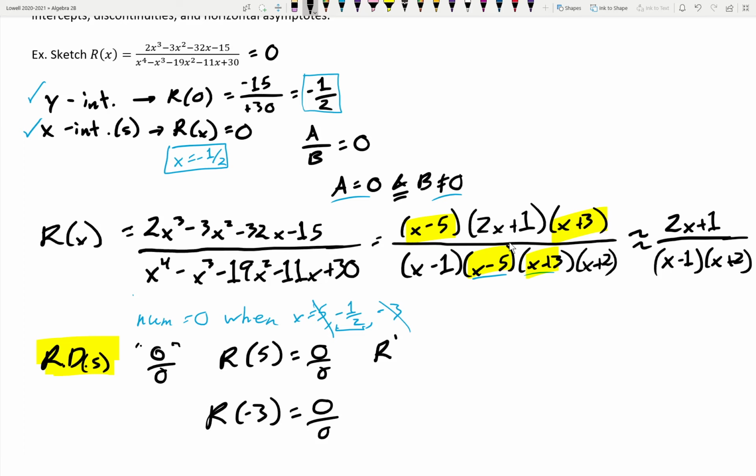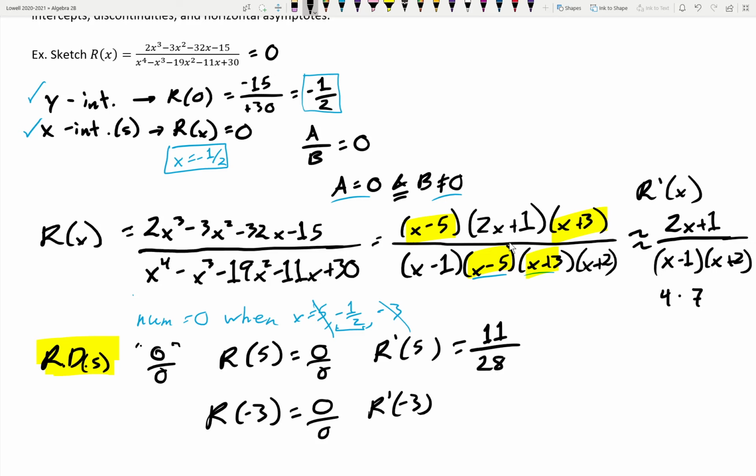So I'm going to call this r prime of x. When I plug in 5, and when I plug in negative 3, what will I get? Well, let's see. 2 times 5 plus 1 on top is 11. That's the numerator. In the denominator, I'm going to get 5 minus 1, which is 4, times 7, which is 28.